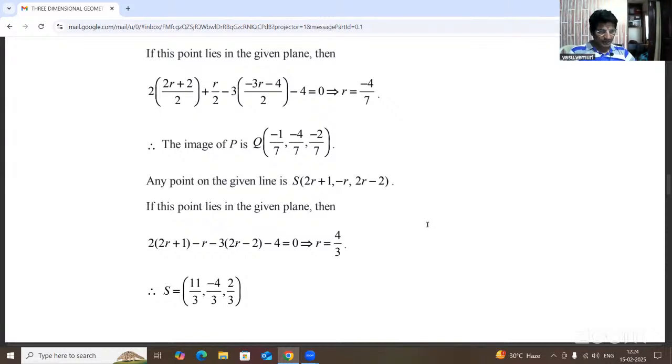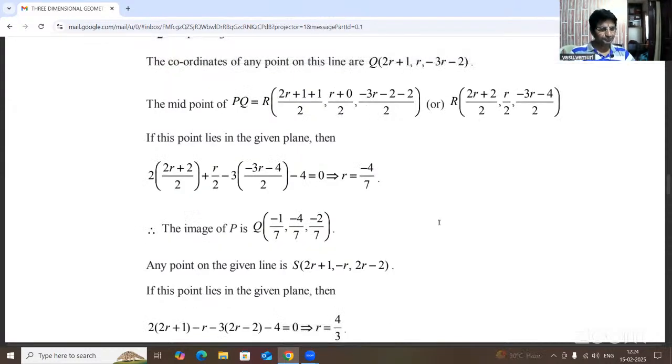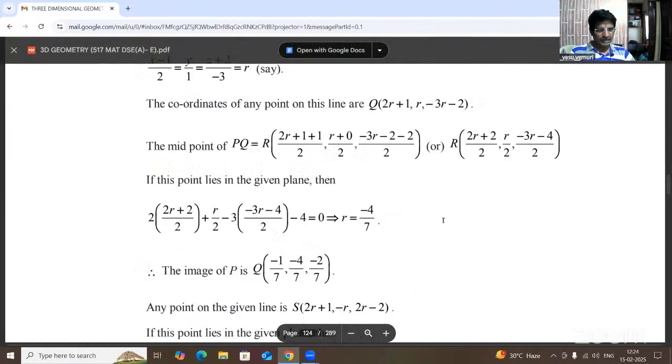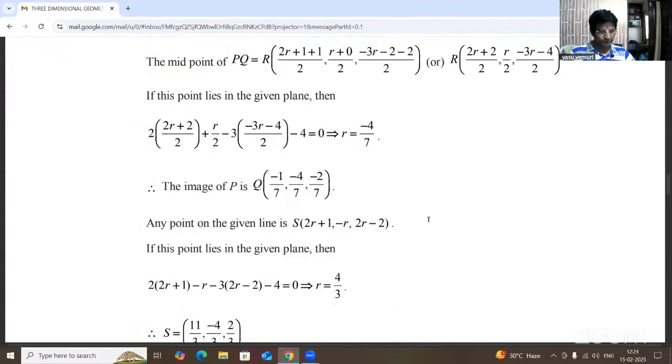Any point on the given line is S of 2r plus 1, minus r, 2r minus 2.